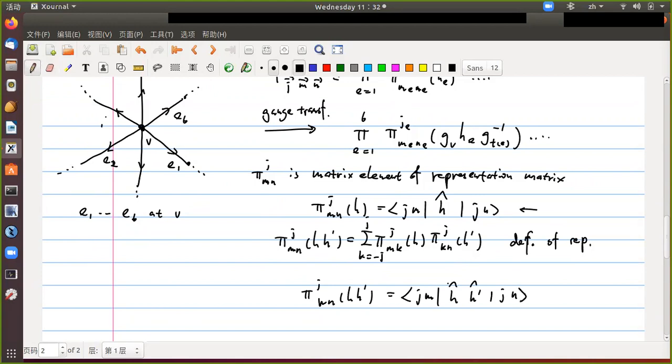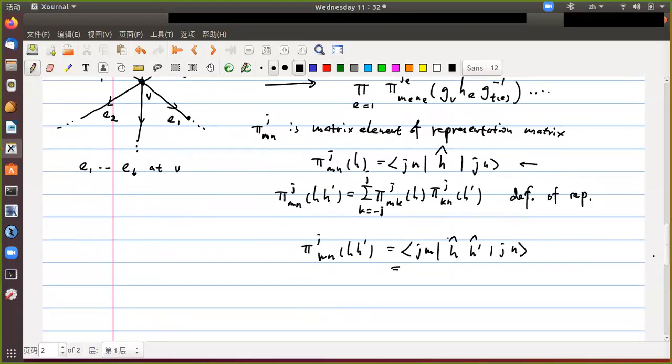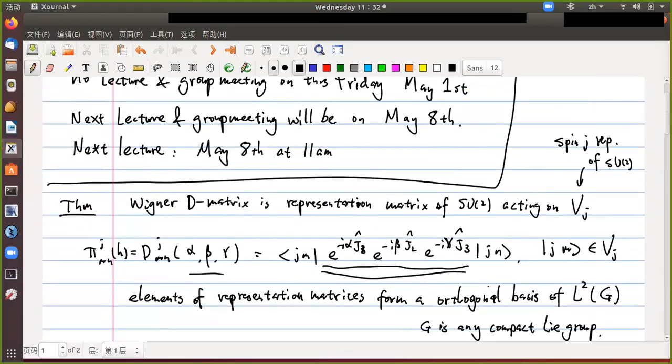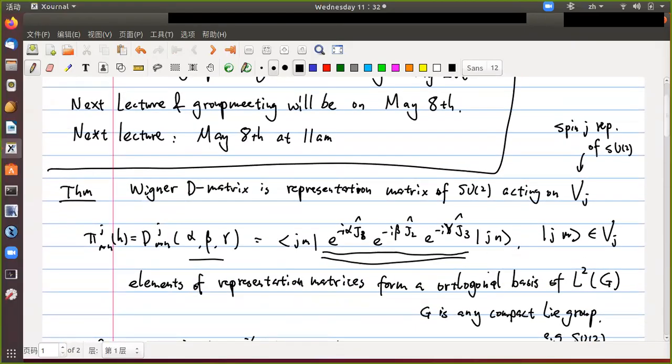Then you just insert the resolution of identity in the Hilbert space, and you have the sum over k of the matrix elements of h hat and h prime hat. Or you can also check the formula explicitly from the definition of the Wigner D matrix. This is also doable.